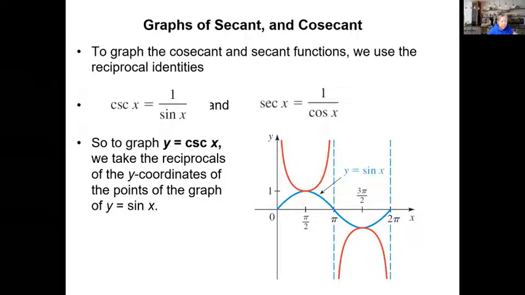Compared to the parent function of sine, the parent function of cosecant, which is sine's reciprocal, is the red highlighted curve, but it's exactly around that parent function of sine.